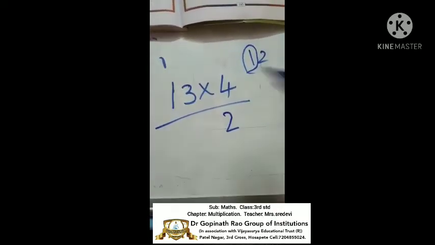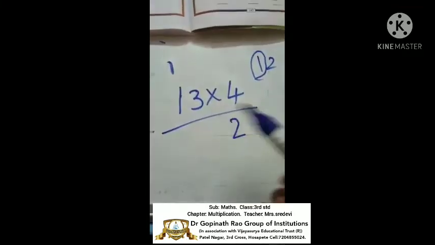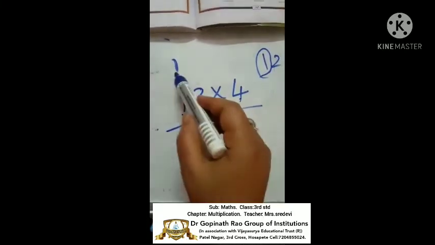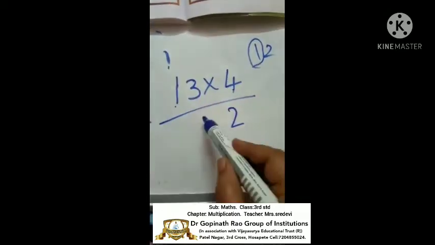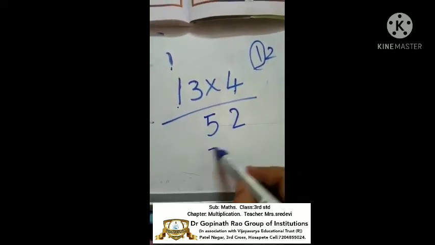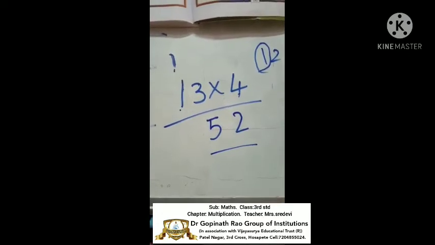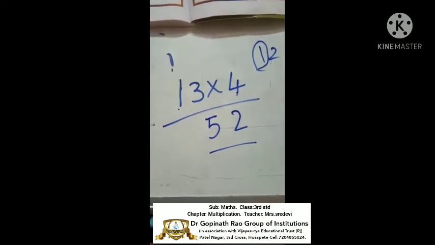In addition we take the carry over at the top, and in the same way in multiplication. 4 1s are 4. Here 4 plus 1 is 5. So the answer is 52. So 13 4s are 52. This is the method, children.